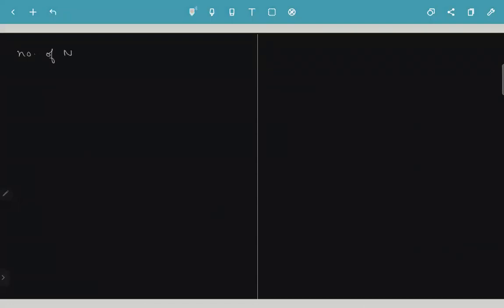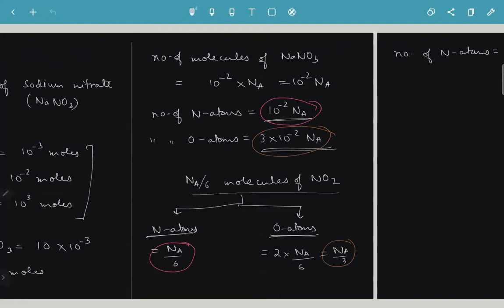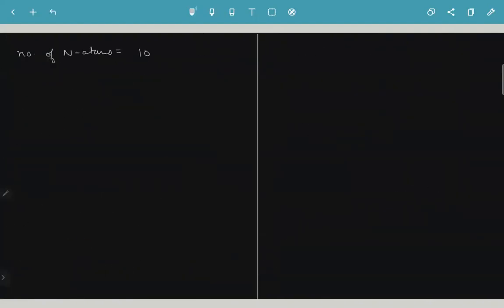Total number of nitrogen atoms will be equal to 10 raised to minus 2 Na plus Na by 6. Na by 6 can be written as 100 by 6 into 10 raised to minus 2 Na.